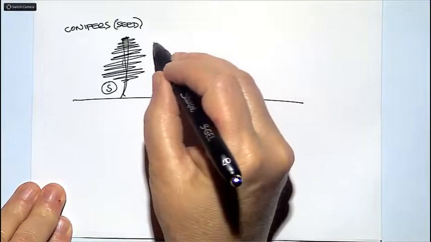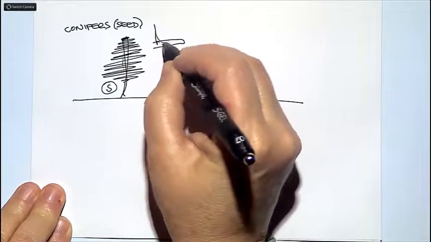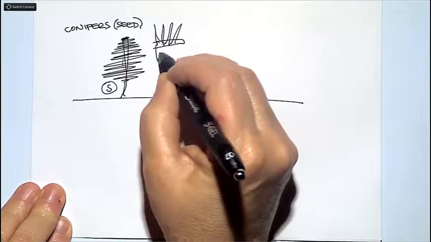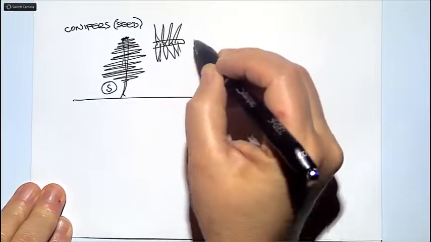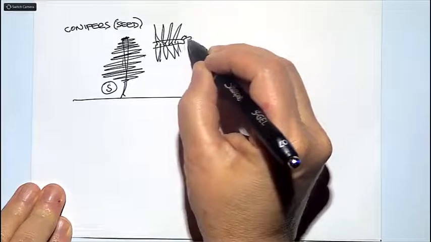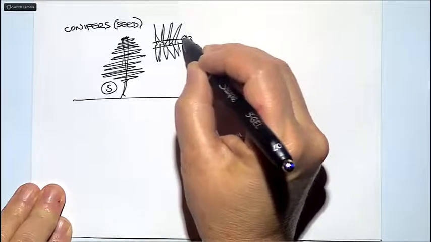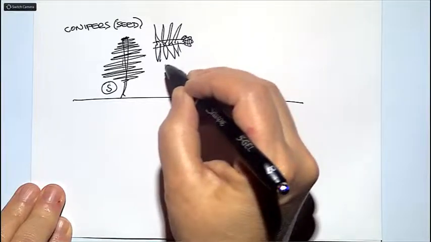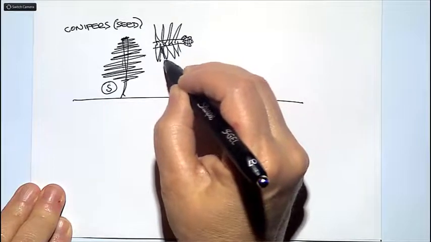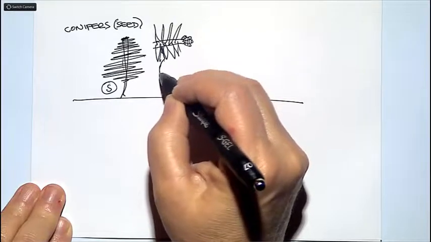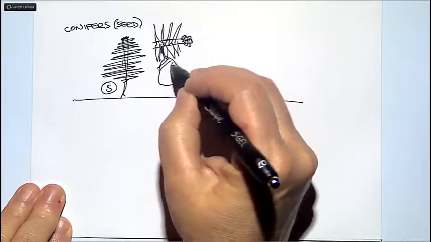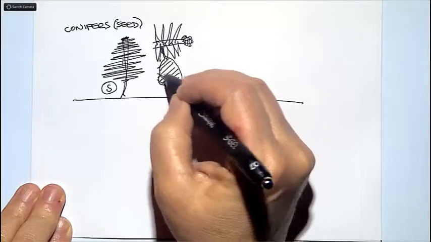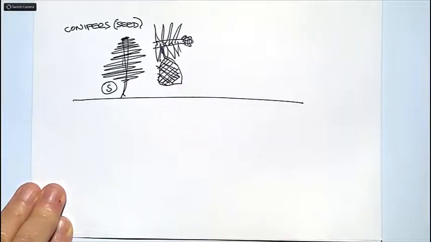If we look at a twig, there will be some little male pine cones, and there can be a female pine cone. Okay, that's a pine cone.